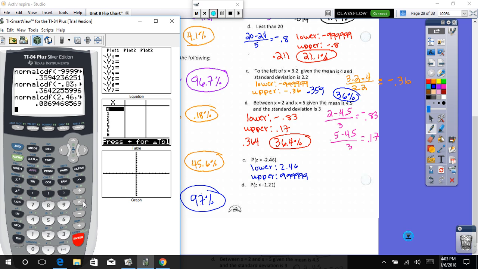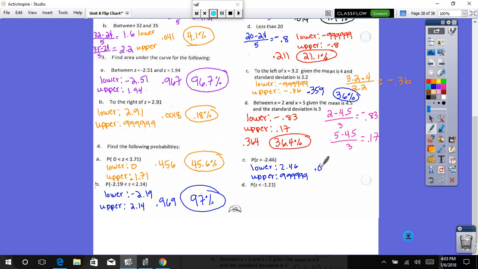And 0.0069. And the last one on this page says less than. So again, my lower is unknown, and my upper is the z-score that it gives me.